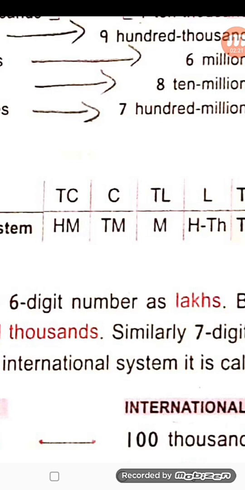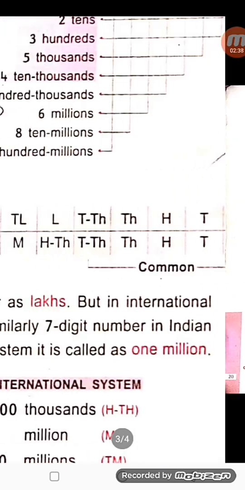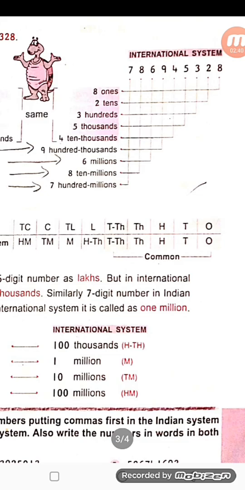And last, 10 crore becomes 100 million. You have to learn these 4 points and give extra time to them; all the other points in the beginning will remain the same.